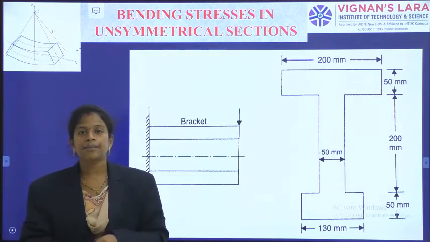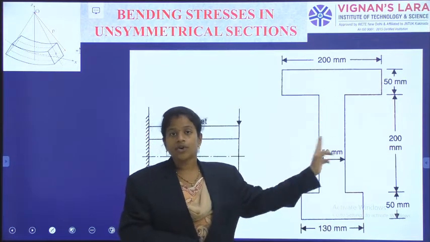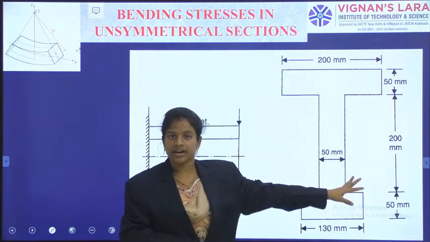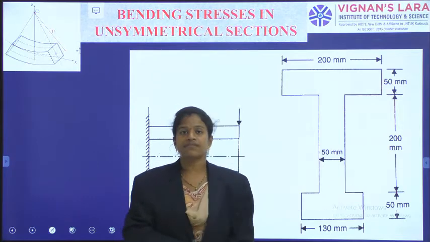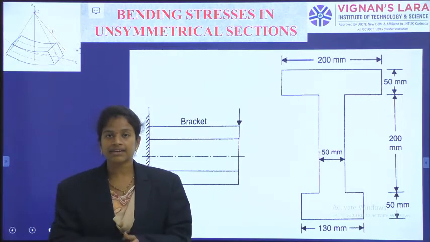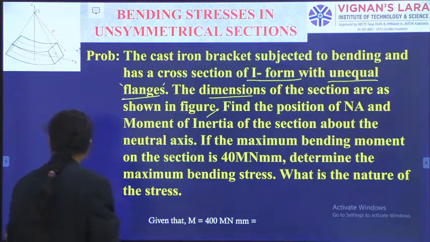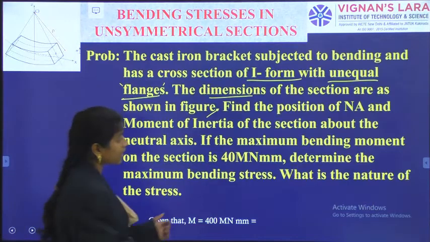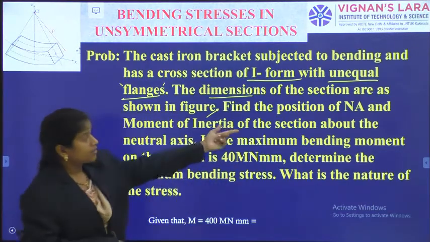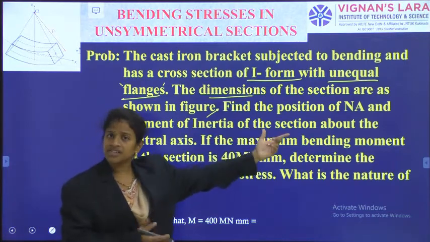As you have already completed your engineering mechanics, you can locate the centroidal axis for any section, right? The centroidal axis location, y bar, is equal to A1 y1 plus A2 y2 plus A3 y3, like that we will calculate. So that location I need to find. Then they are asking for the position of the neutral axis and also the moment of inertia of the section about the neutral axis.